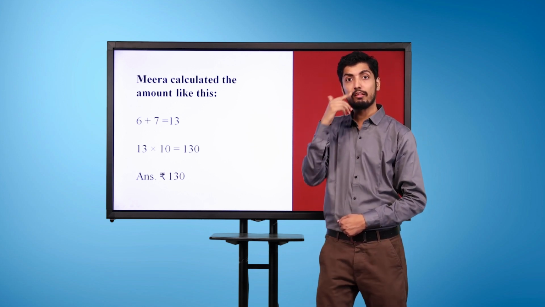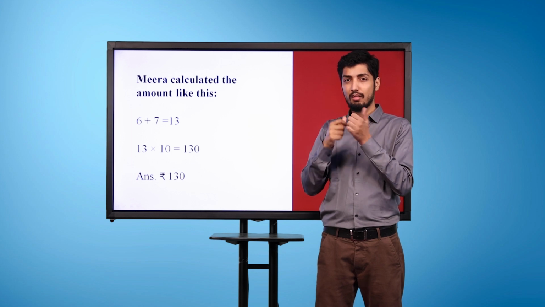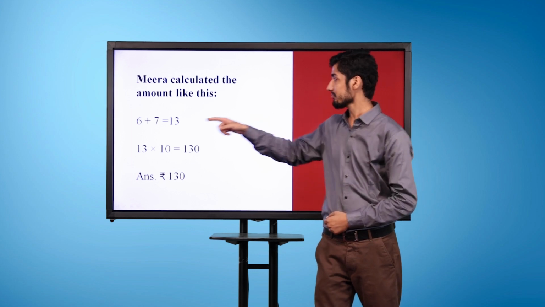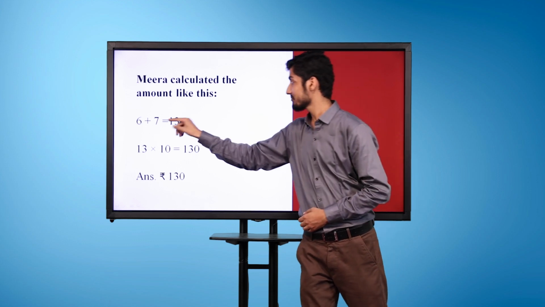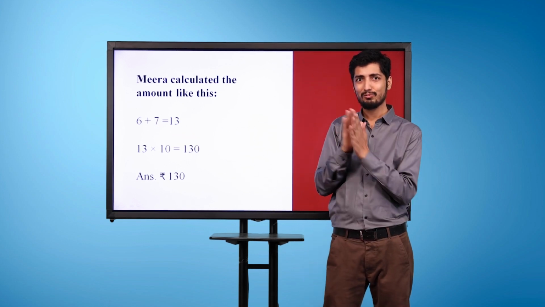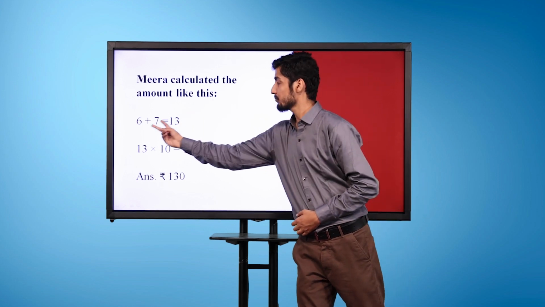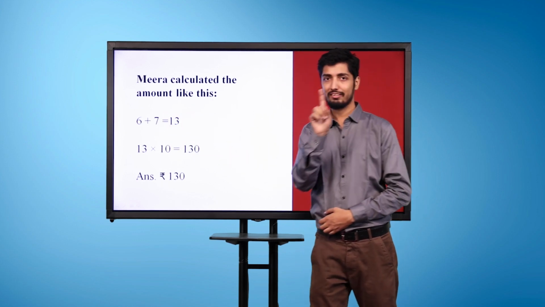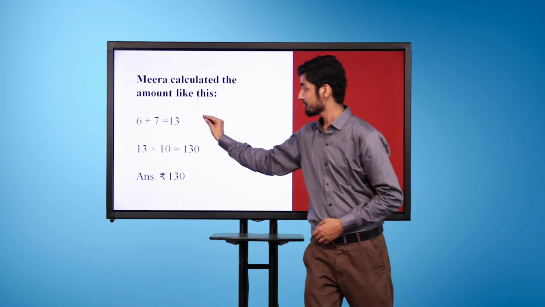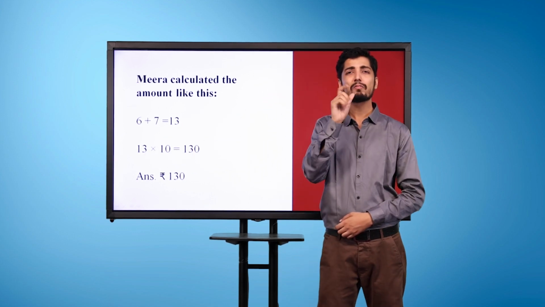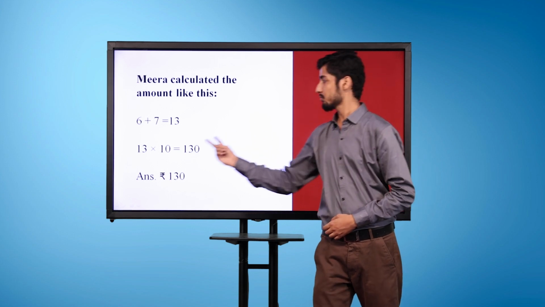Meera calculated the amount like this: 6 plus 7 is equal to 13. And 13 multiplied by 10 is equal to 130.